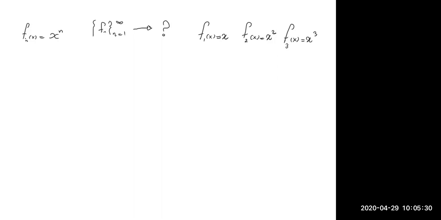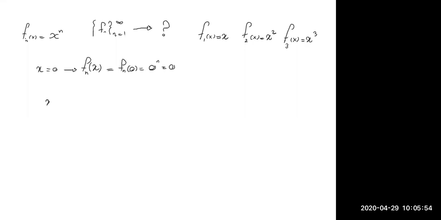For any x, for example, if x is 0, f_n of x is f_n of 0, which is 0 to the n, which is 0.